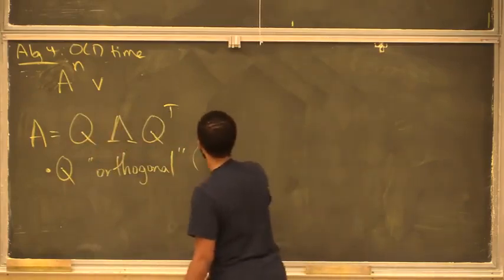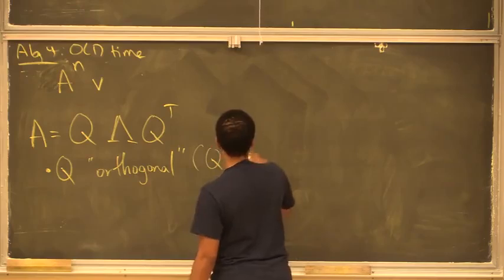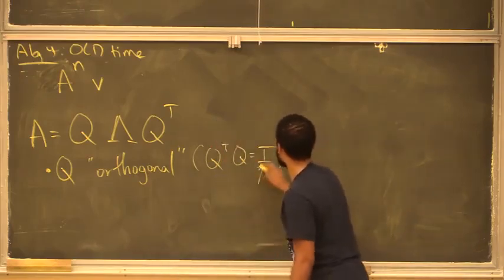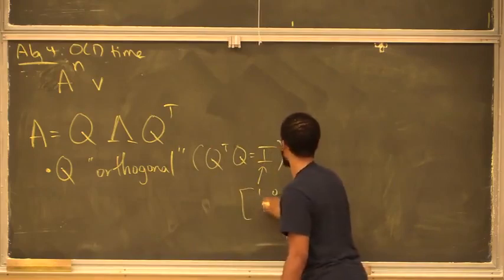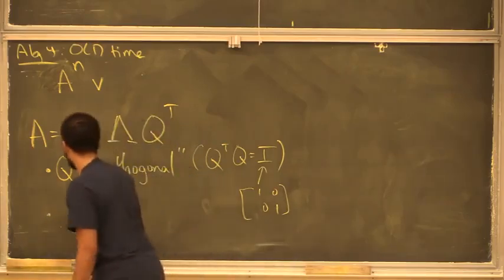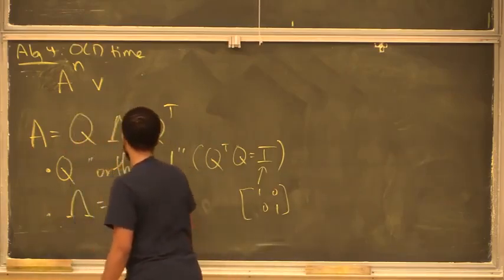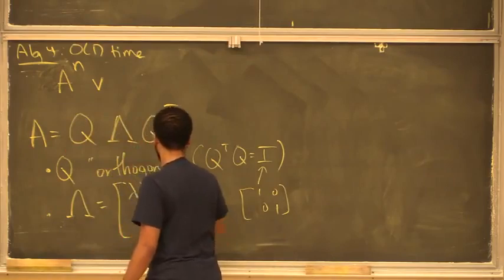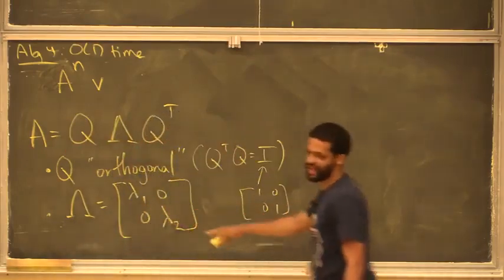That is, Q transpose Q is the identity matrix. The identity matrix is just 1, 1, 0, 0. And lambda is diagonal.